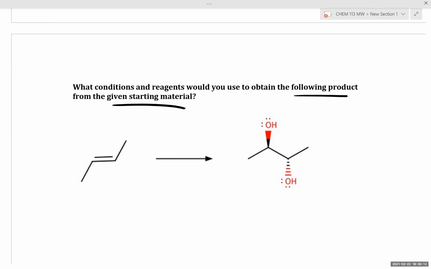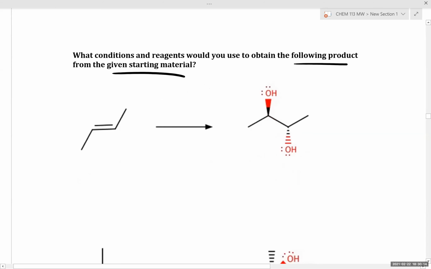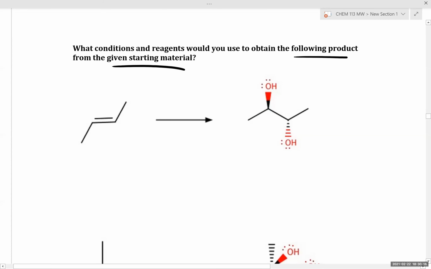What conditions would you use? So let's think about this first one for a moment. Let's list some features. So we have a diol, and what is the stereochemistry? Trans, yep.